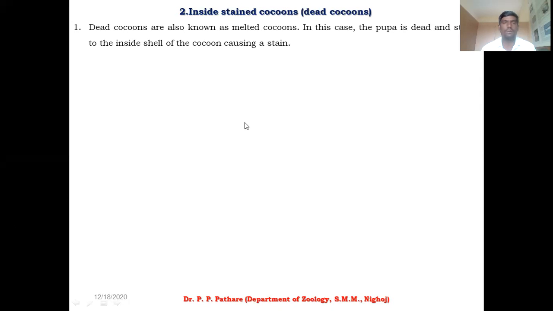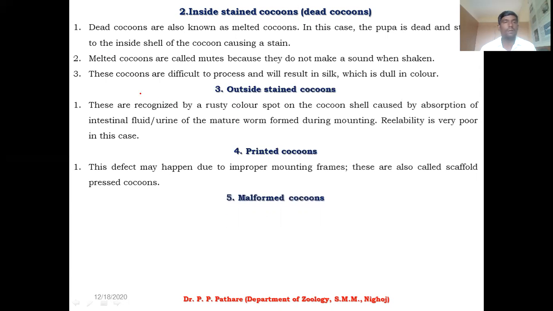Next one, melted cocoons are called mute cocoons. Mute cocoon means to stop the voice during the shaking.